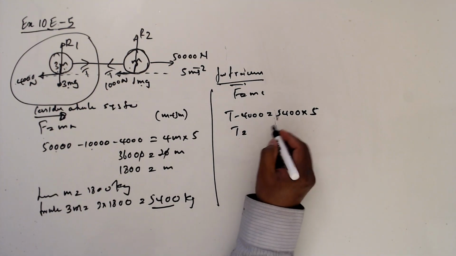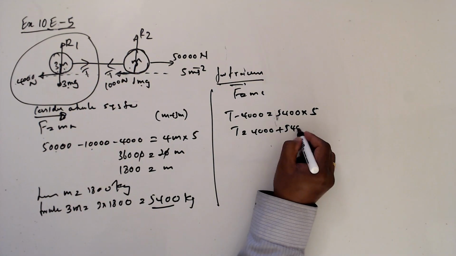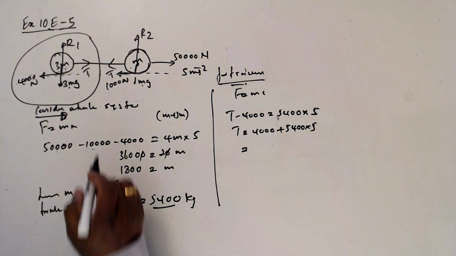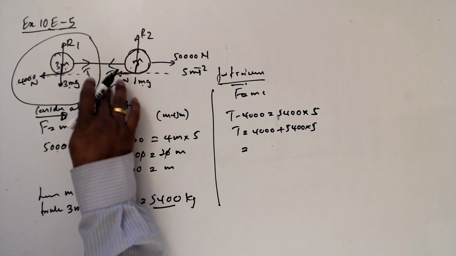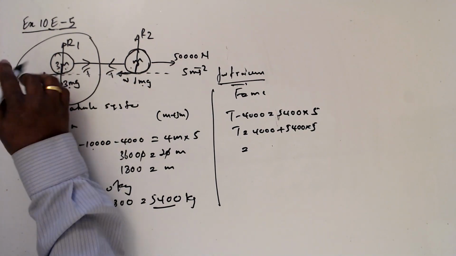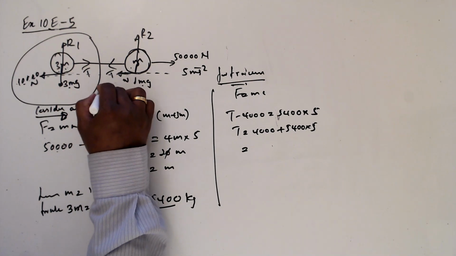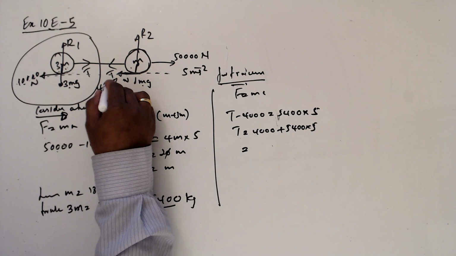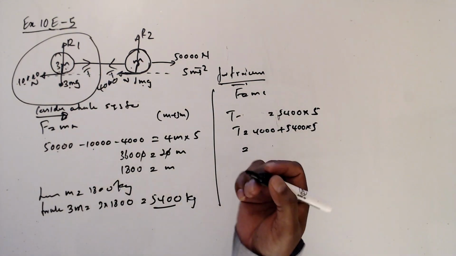So T equals 4000 plus 5400 times 5. I think there's a small error in this one. This is still right. This 10,000 should go in here because that is the heavy one, and this 4,000 is for when it is heavy, more resistance. So then this is T minus 10,000.